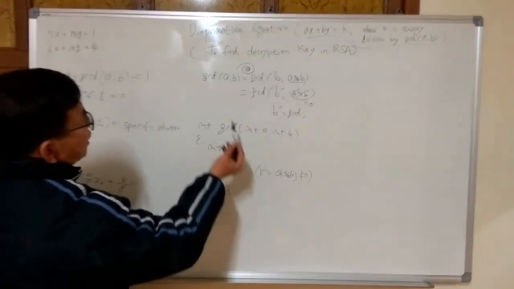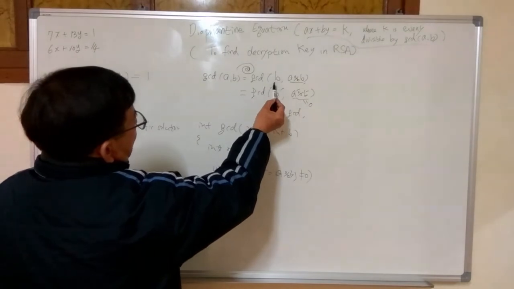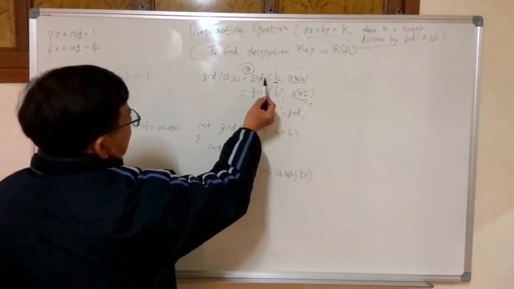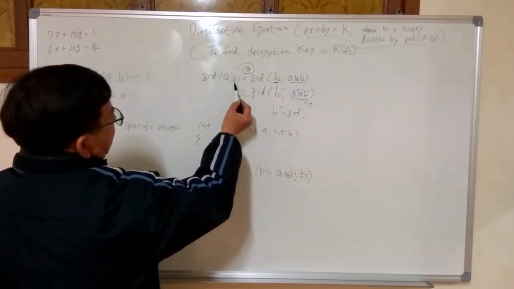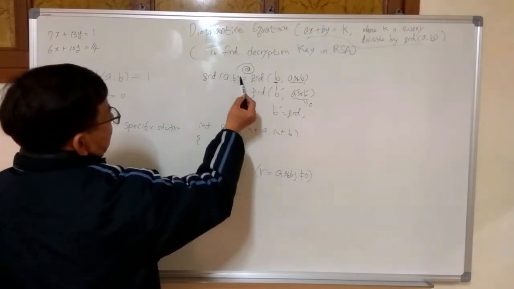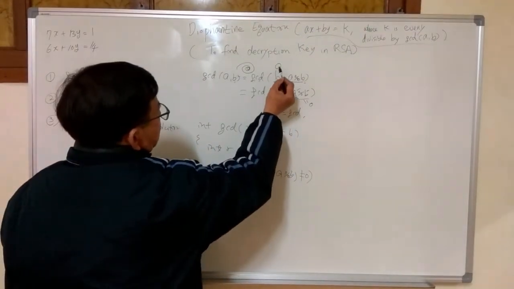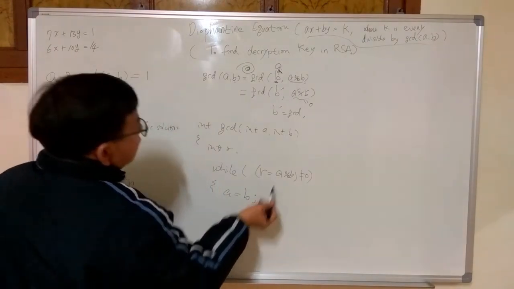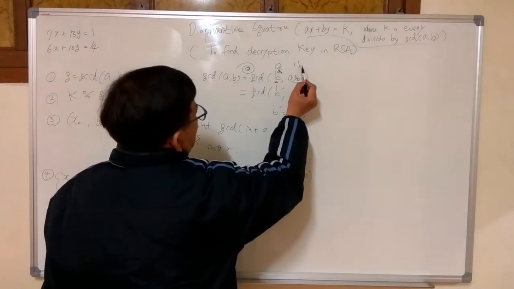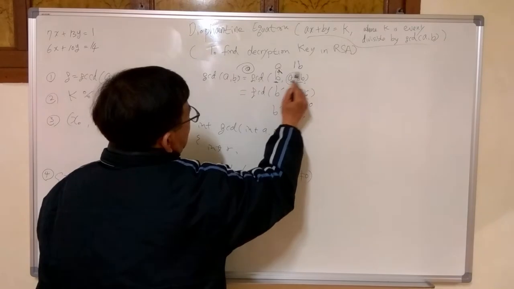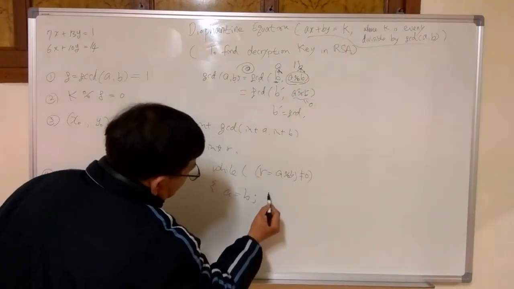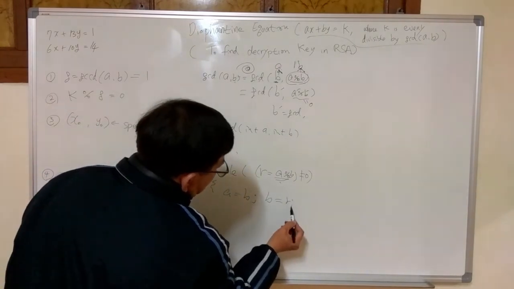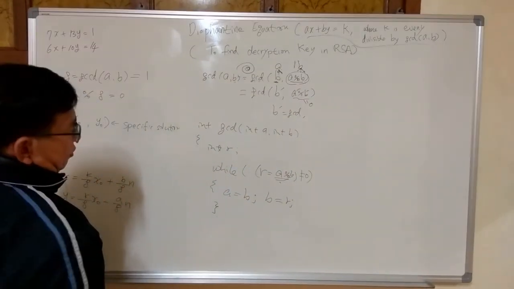Please watch: the next GCD has B in A's place, so B should be assigned to A, and the next B is R. Then done.